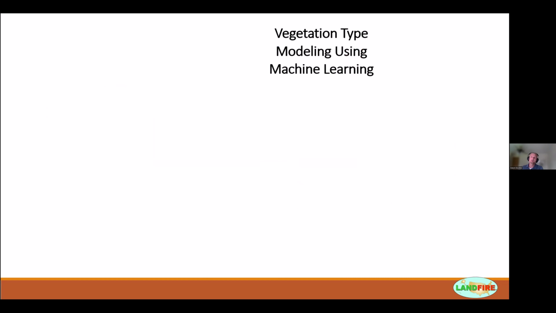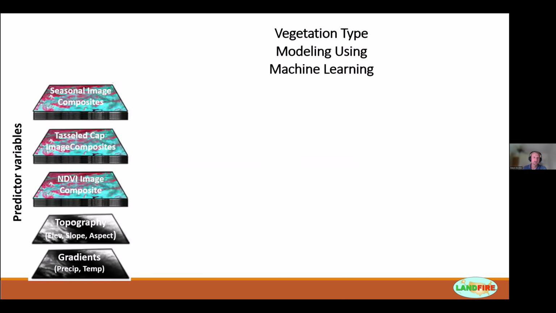All right, and the final piece in all of this is vegetation type. That one is the most complex. That's why it's here at the end. So we have the same image composites, but we also include topography, elevation, slope, aspect, and climate gradients, so precipitation, and then average, minimum, and maximum temperature.